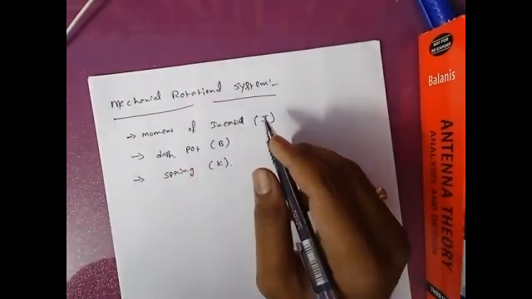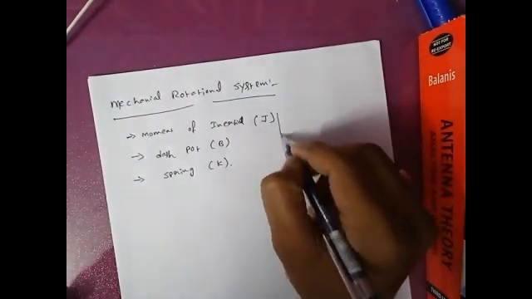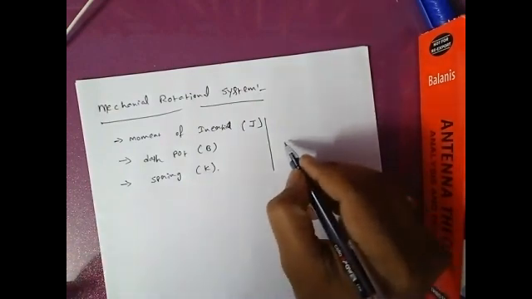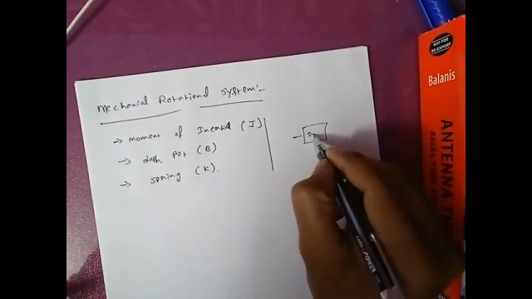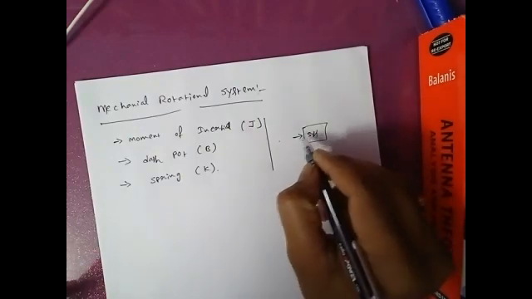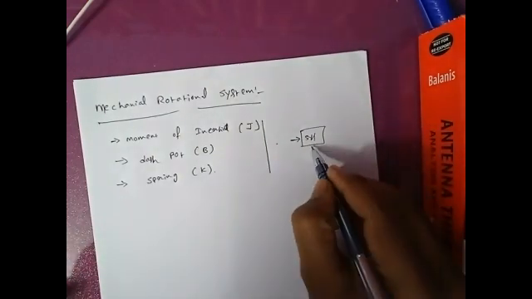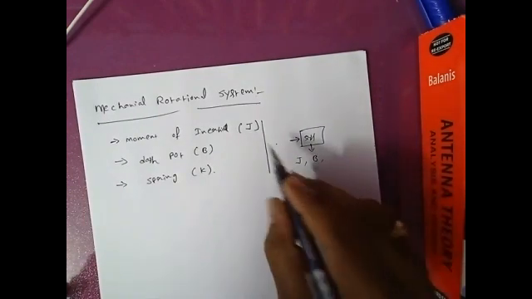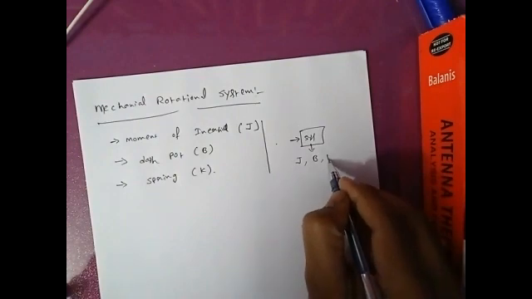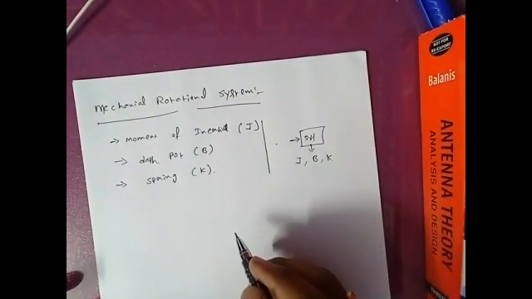Why are we using these three? Whenever we apply a force on any system, we can represent this system with a combination of moment of inertia, dash part, or simply we can call it a mass, and the spring.